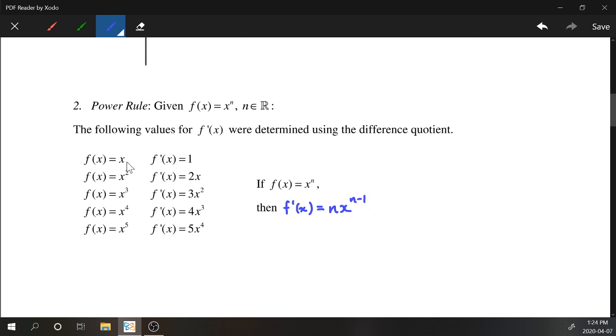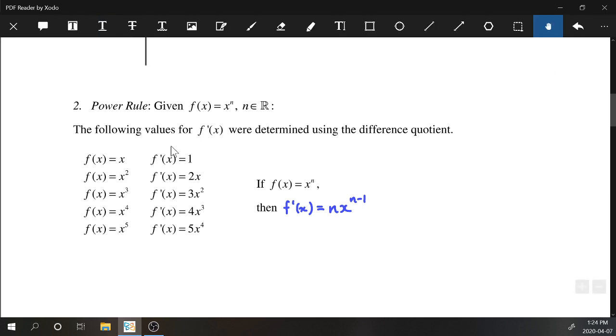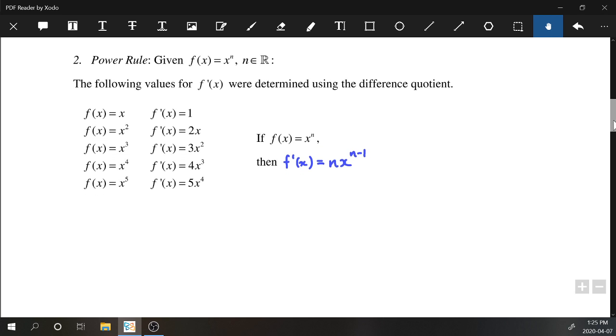So you can see that the exponent decreases by 1 every time we take the derivative here. And then the original exponent becomes the coefficient. And again, you can show this using the difference quotient, but we have done a few examples back in section 2.8, so we're not going to do more here.